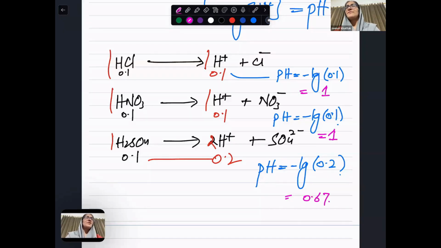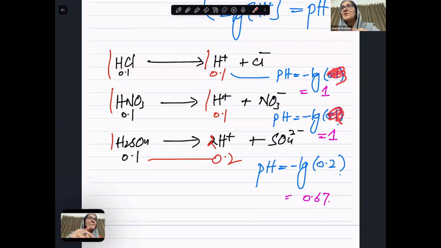Now, listen. If the H plus is less, the pH is more. If the H plus is more, the pH is less. Stronger acids have lower pH. This we have done in O level and AS, but now we are going toward the clear concept.